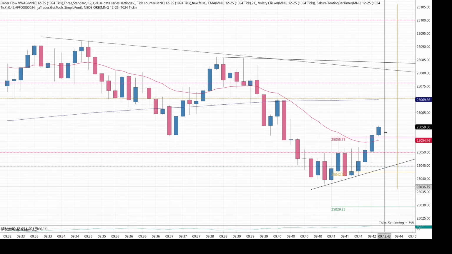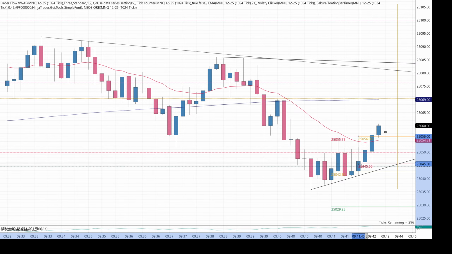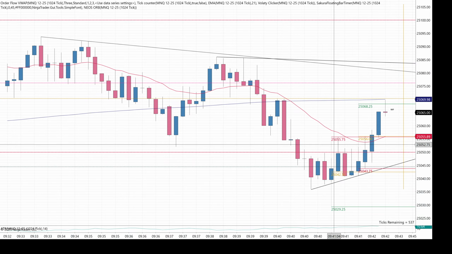And now this is the bullish signal, but it's a false positive as well. Did hit target.